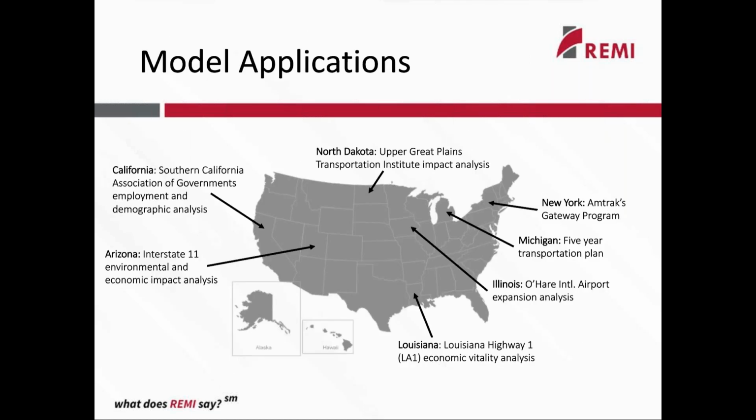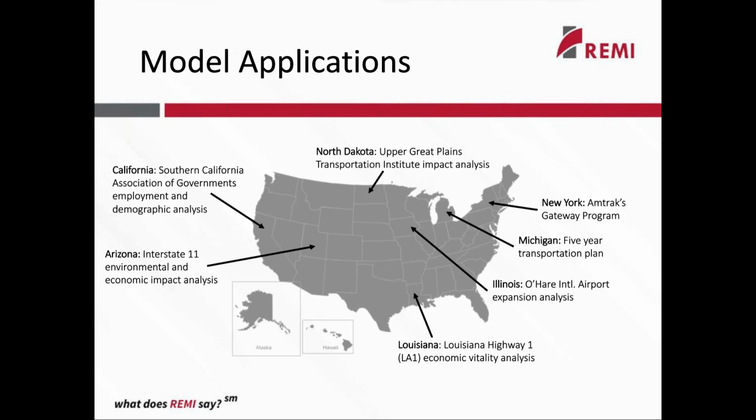For perspective on the breadth of applications for TranSight DEI, we've been used across the country for these transportation projects in the past. So we've worked in California, Arizona, Louisiana, Illinois, Michigan, New York, just to name a few, on these various types of transportation impact analyses.